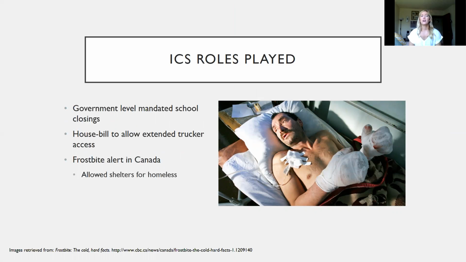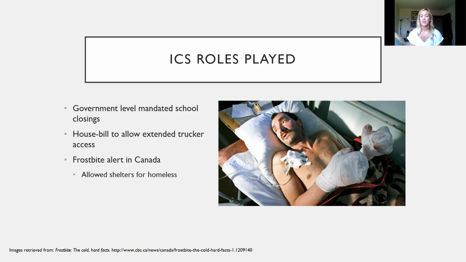So some of the things that did happen that were primarily ICS structured, or could be seen as ICS structured, were government level mandated school closings. In the state of Minnesota, the governor enacted a statewide all school closing, and that has not been seen since the early 1900s.